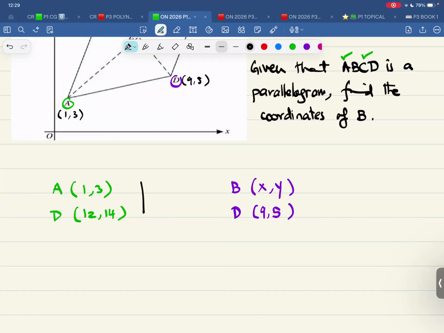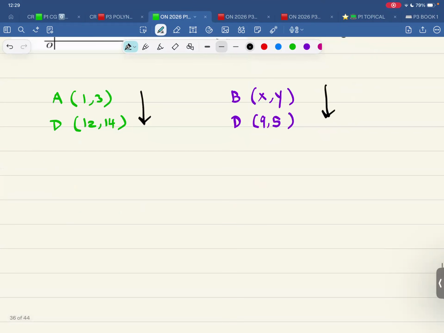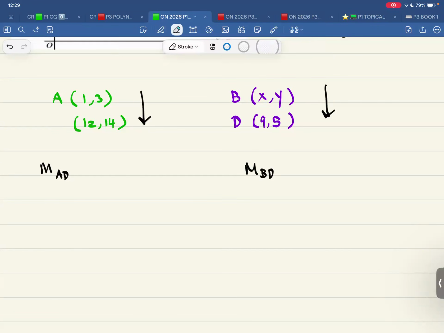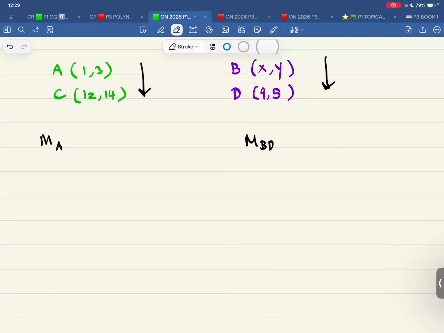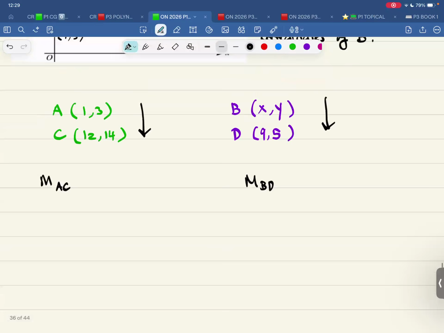And let's get working. So the midpoint of AC should equal the midpoint of BD. I think this one is C, so let me erase it. This one is C. Midpoint of AC is the same thing as midpoint of BD.